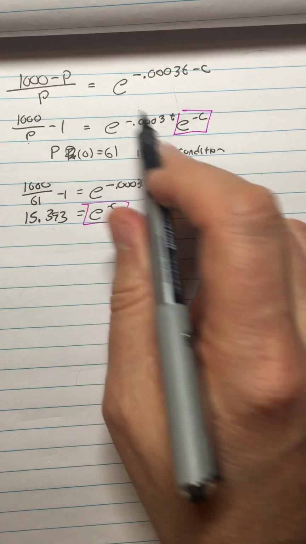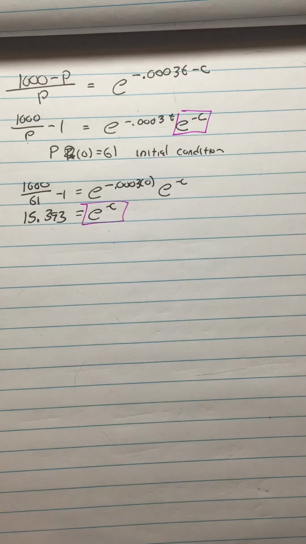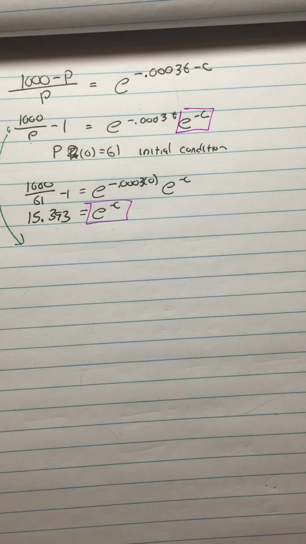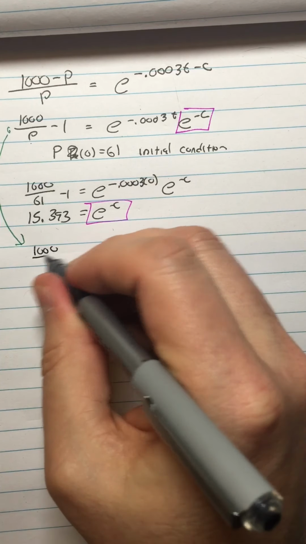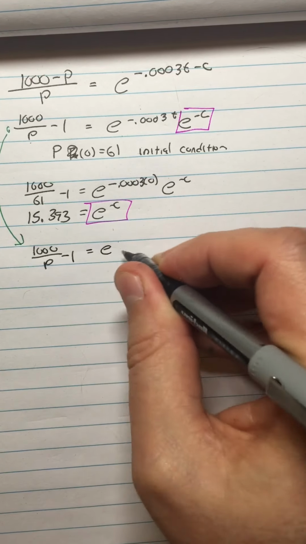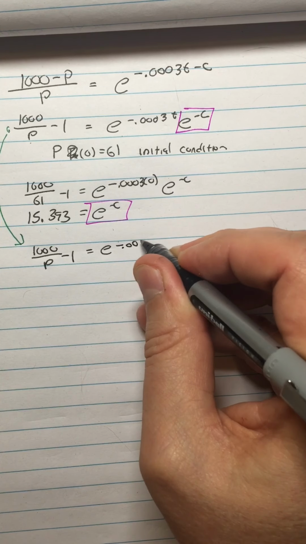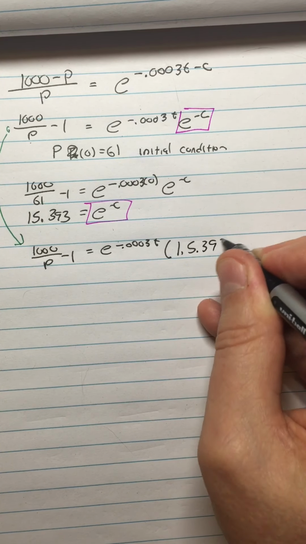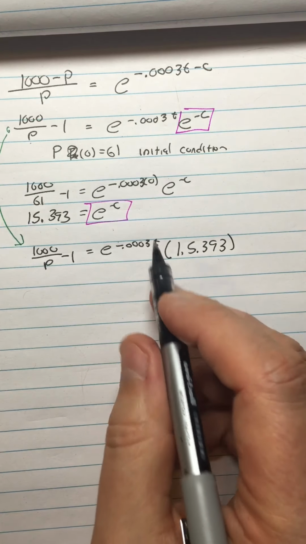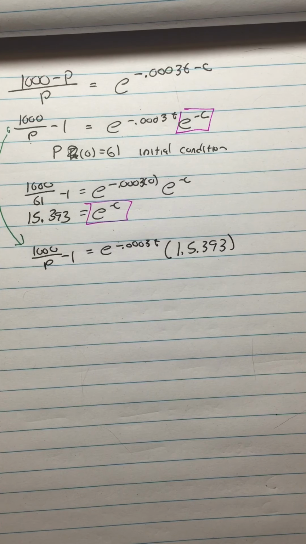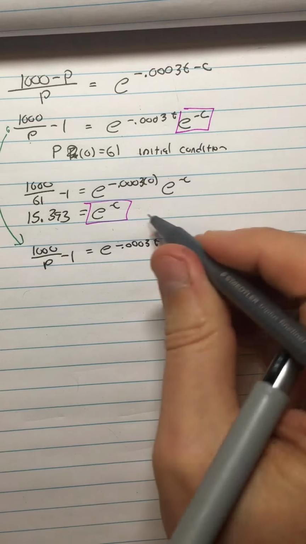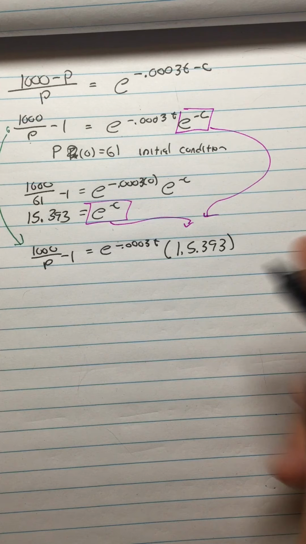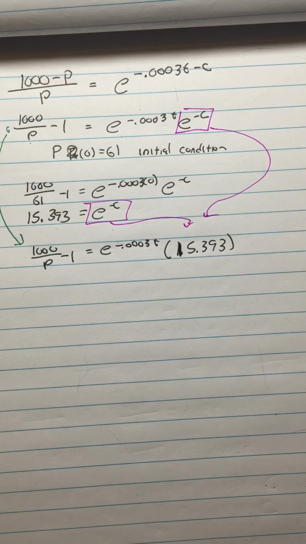So now I can plug it into this equation, and then I will have 1,000 over p minus 1 equals e to the negative 0.0003t times 15.393, because that is what my value of e to the negative c is, right? Subbing for the e to the negative c, this 15.393.